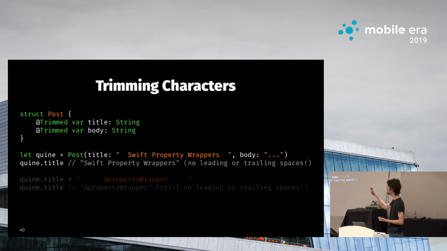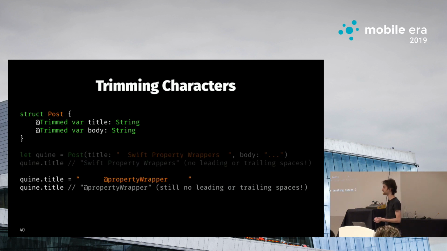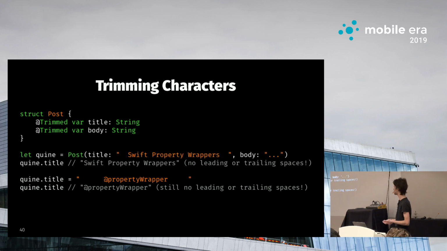Why? Because the title property has been decorated with the @Trimmed property wrapper. And so when the value was set, it went through the setter, and all the white spaces and new lines at the beginning and at the end have been trimmed away. And if we update the property, we also go through the setter and we get the same behavior.